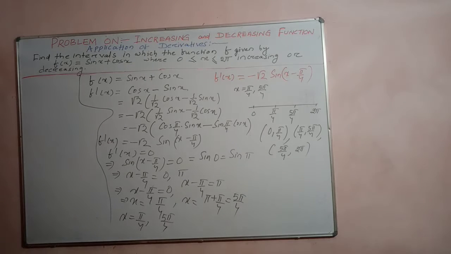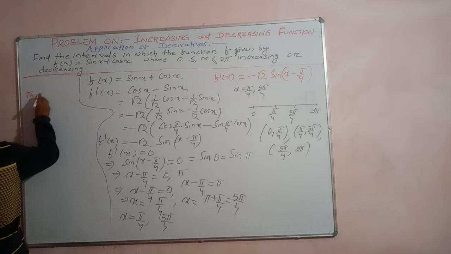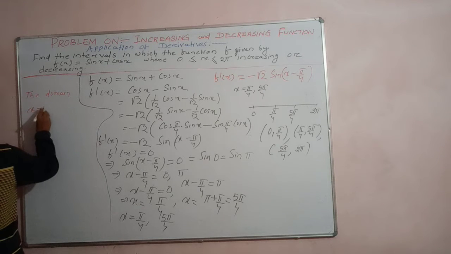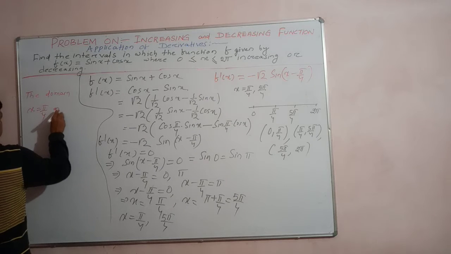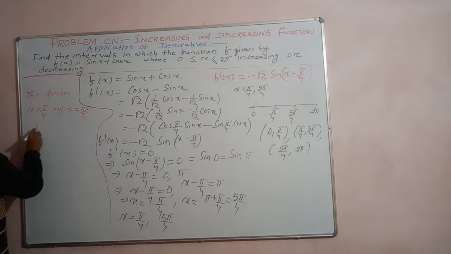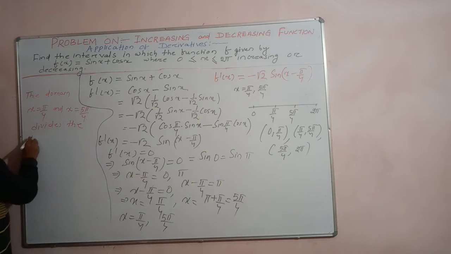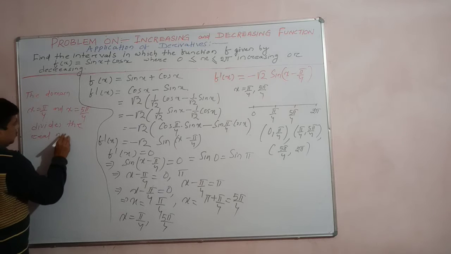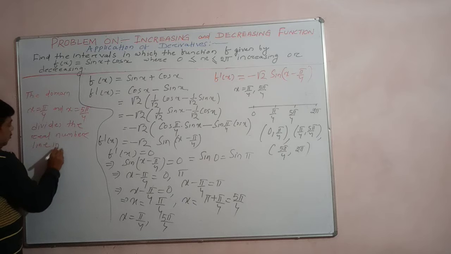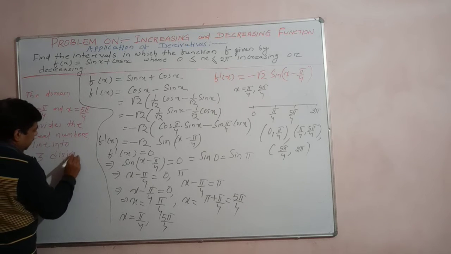Hence, the points x is equal to pi upon 4 and x is equal to 5 pi upon 4 divide the real number line into 3 disjoint intervals.